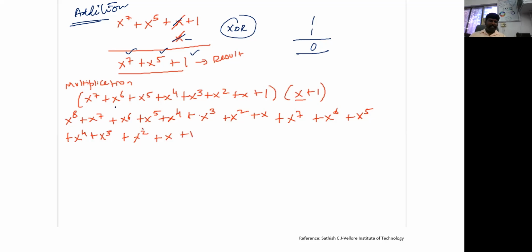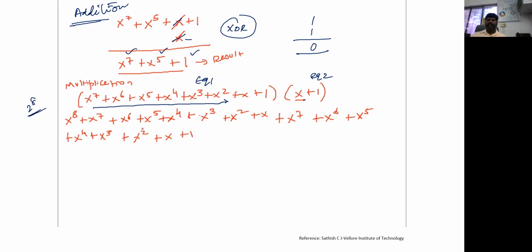Very similarly, when we multiply, this is equation 1 and this is equation 2. Multiplying this, again x power 7, x power 6, and so on. This was the last field of 2 power 8.